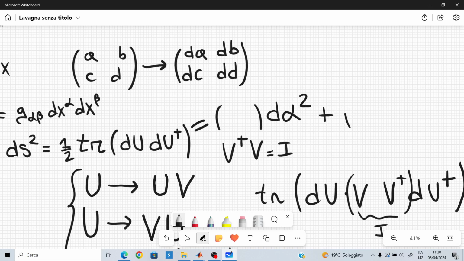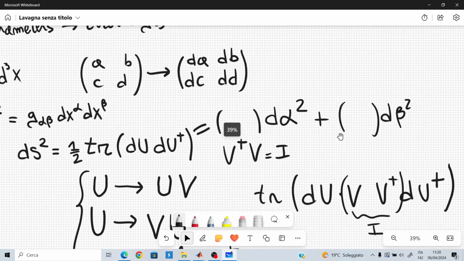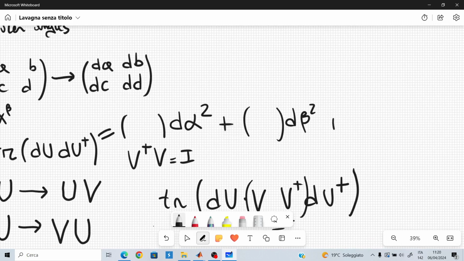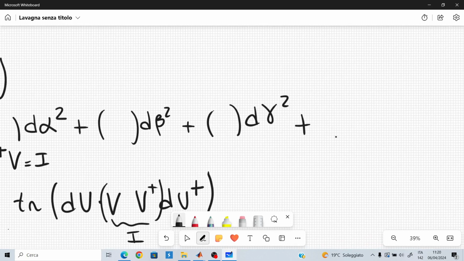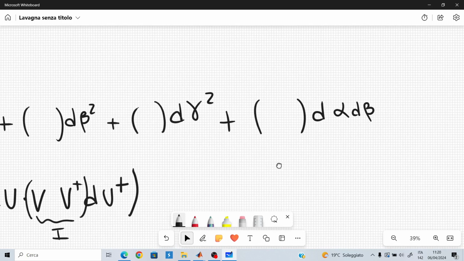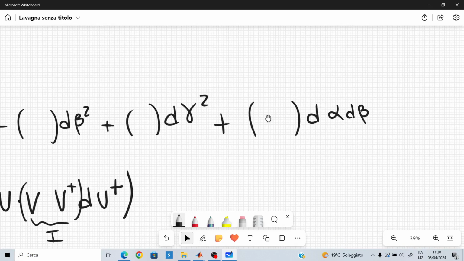Then we get a plus, some other quantity that multiplies d beta squared, the other Euler angle, plus another quantity that multiplies d gamma squared, the other Euler angle, and then you can get cross terms. You get something that multiplies d alpha d beta, and so on. You also have cross terms in alpha and gamma and beta and gamma. So I will not write these terms.